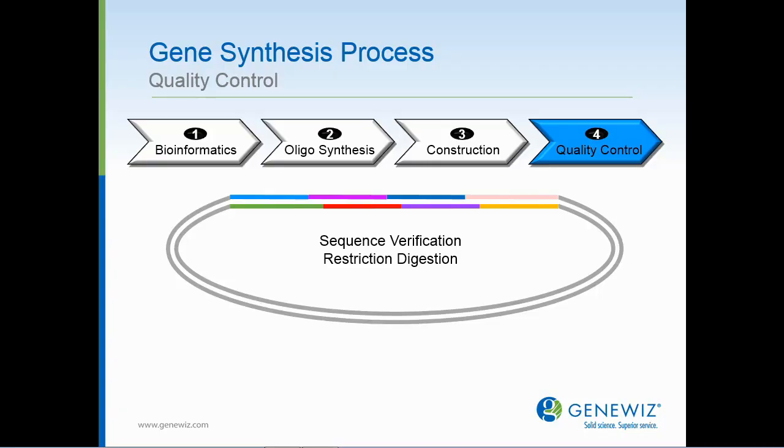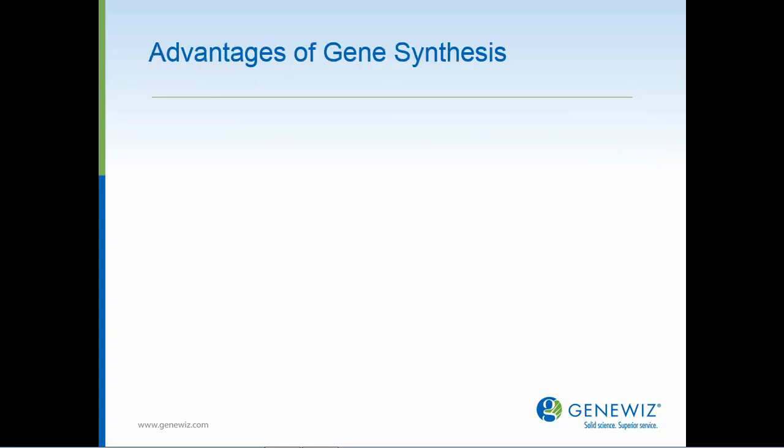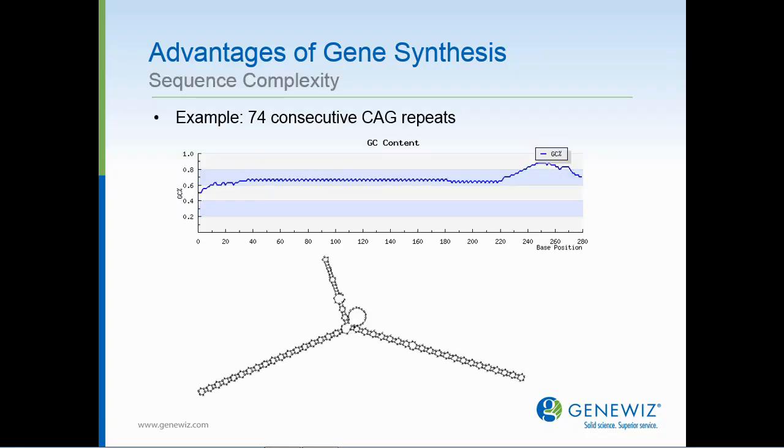Now you ask yourself, why should one consider adding gene synthesis to a protein engineering pipeline? Here are a few advantages to consider. First, sequence complexity. Using the example shown here, gene synthesis can be used to create genes with these types of repeats. Another example of complexity commonly seen is GC richness.